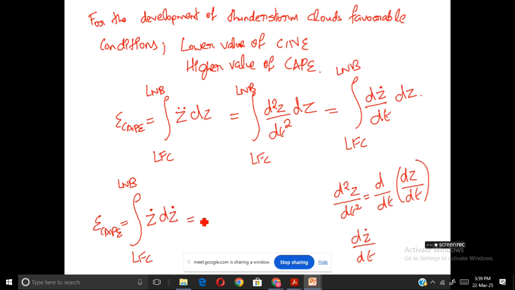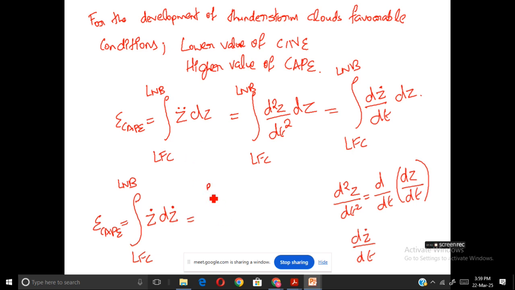Now, if we apply the chain rule, d by dt of u into v, we will get z dot into the differential of the second term plus the differential of the first term into the second term.